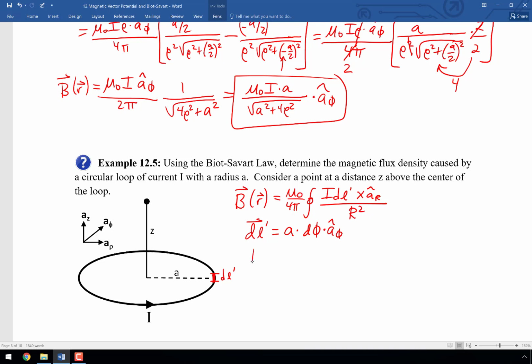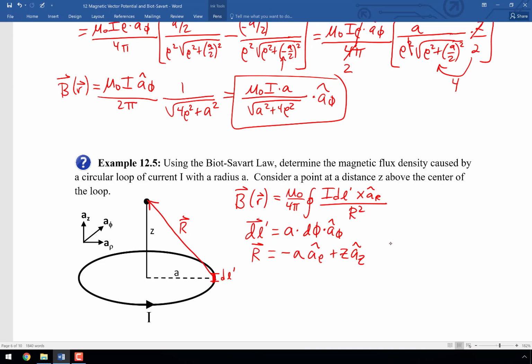And we can calculate r. Well, r is going to be the vector that points from the point of current density up to the test point. Remember the arrow is pointing from the current density up to the test point. So that's r. So I know that r is equal to minus a in the a sub rho direction plus z in the a sub z direction.